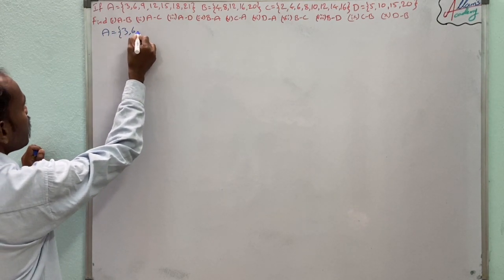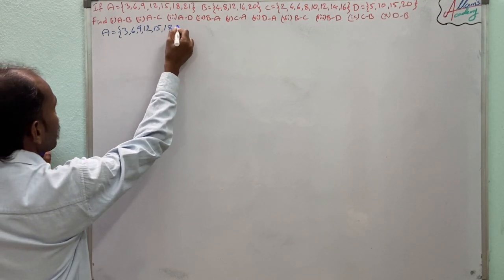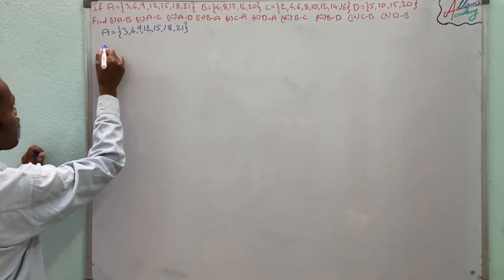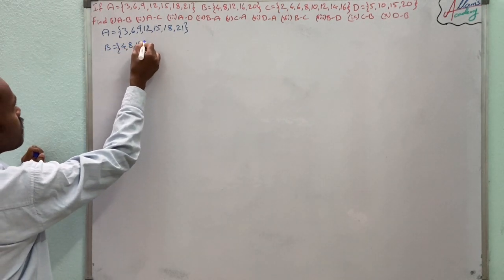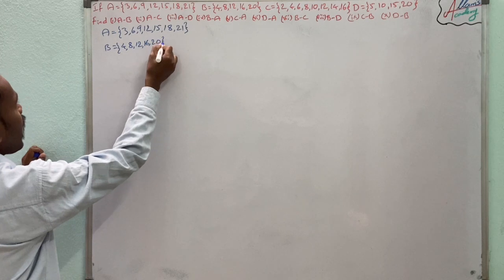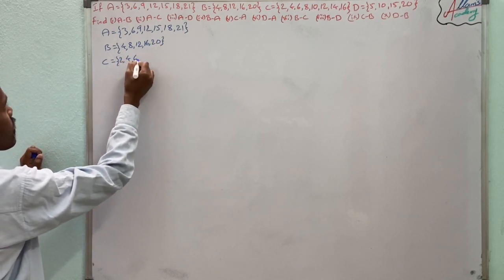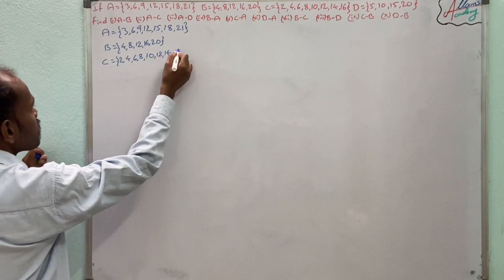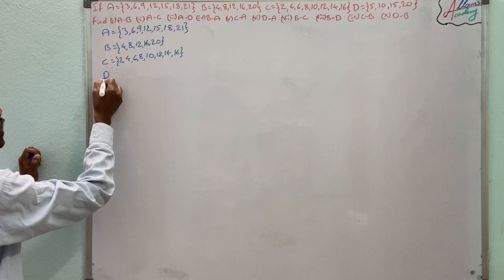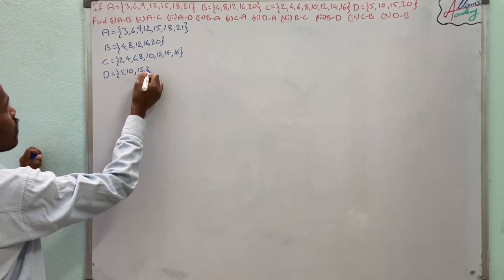First, we write the given sets. The set A equals 3, 6, 9, 12, 15, 18 and 21, the set B equals 4, 8, 12, 16, 20, the set C equals 2, 4, 6, 8, 10, 12, 14, 16, and the set D has the elements 5, 10, 15, 20.